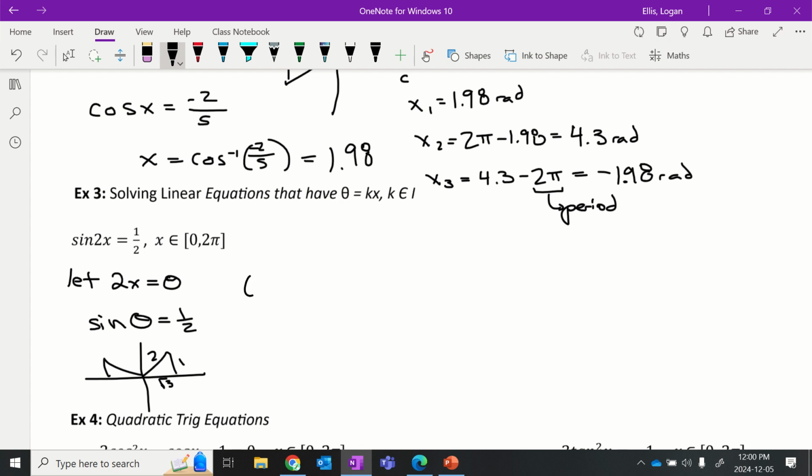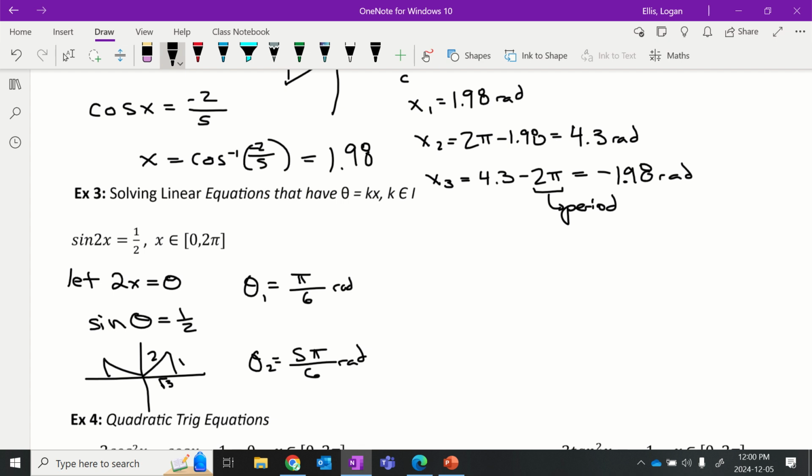Basically, I would get my first theta as pi over 6 rad, and then my second theta, not my x, that's not my answer, but my second theta, would be pi minus pi over 6, so 5 pi over 6 rad. So at this point, these are not our answers, clearly.